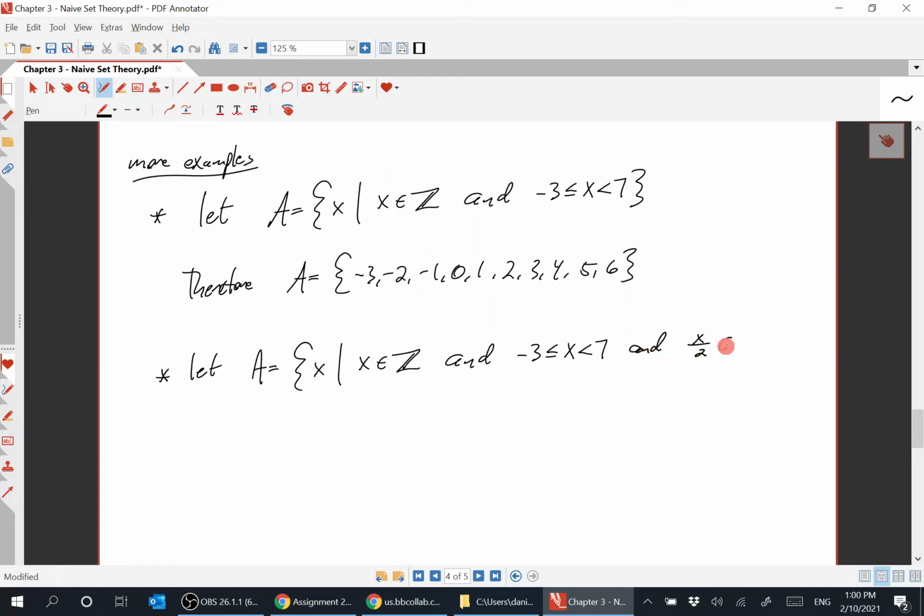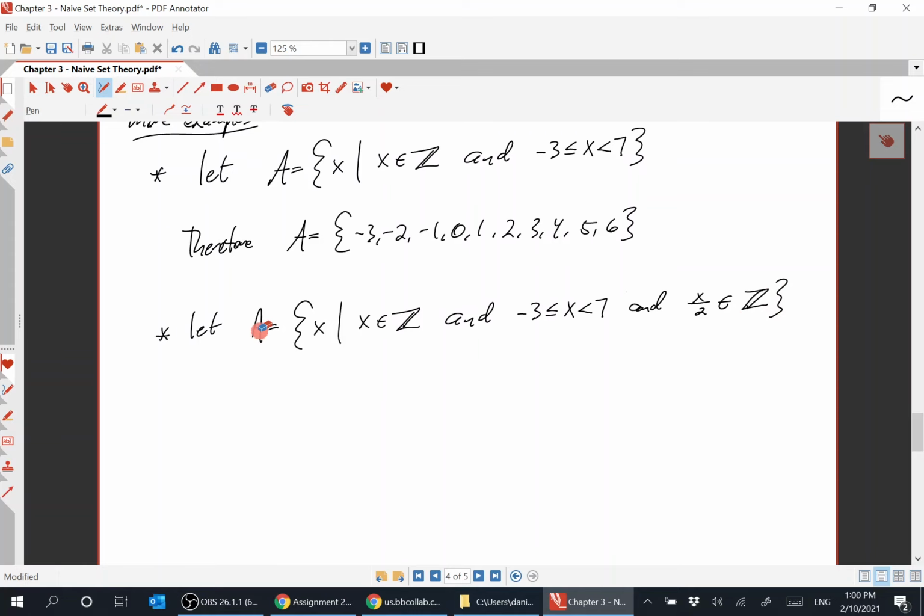And x over 2 is an integer. Well, let's call it b this time around. What's b now? I'll call it A again, sorry. What's A now? What are the elements of A?